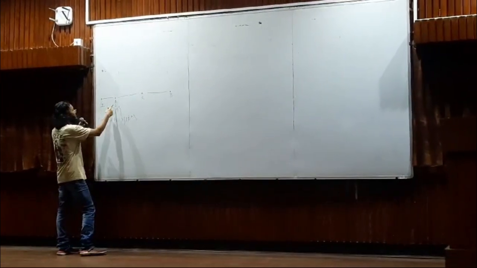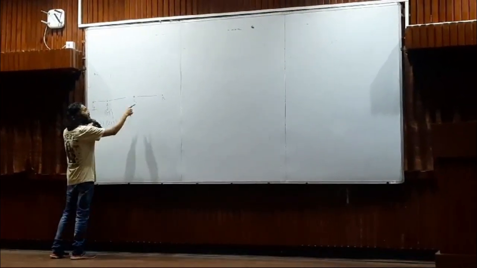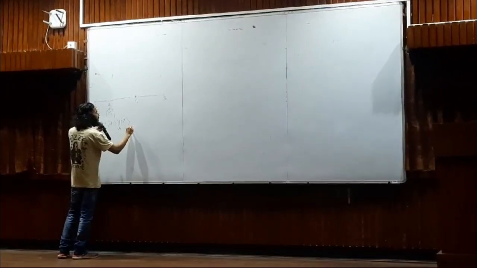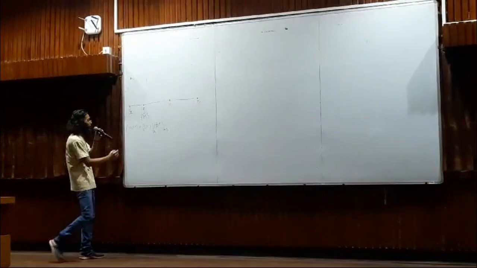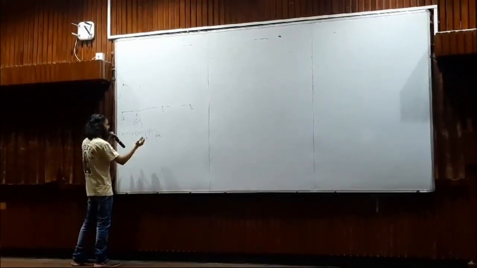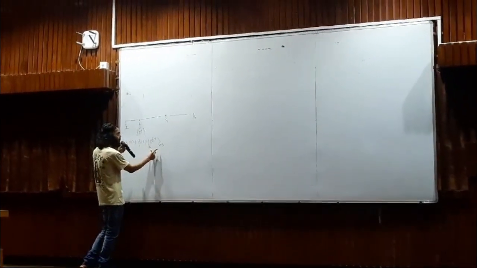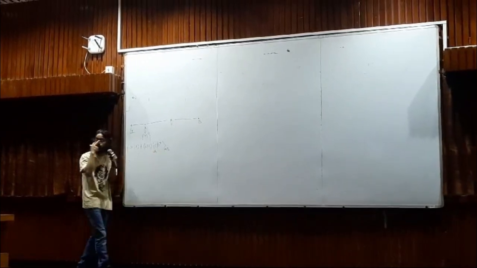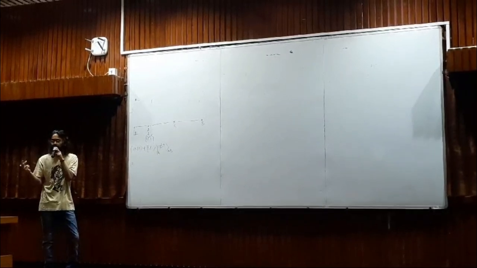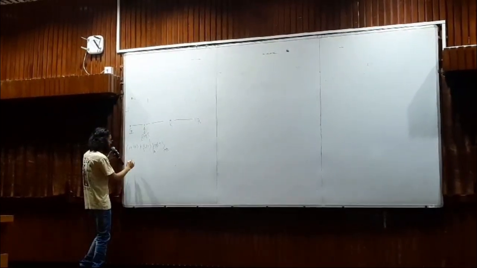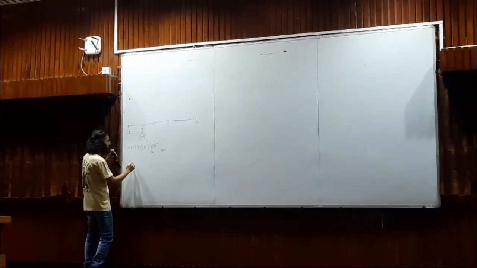This is for A, and this is shared between A and B. If you just rewrite this state, when you change the grouping from A and AB to A and B, what you find is that the resultant state is actually this.